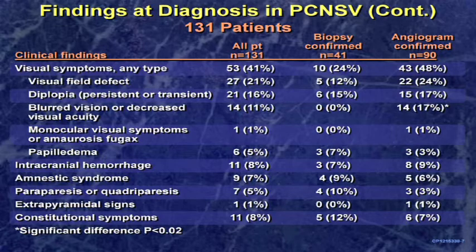And then a very disastrous symptom is a quadriparesis or paraparesis. And constitutional symptoms are very uncommon. Most forms of vasculitis are associated with fatigue, fever, malaise, and so forth. But this is a different one.